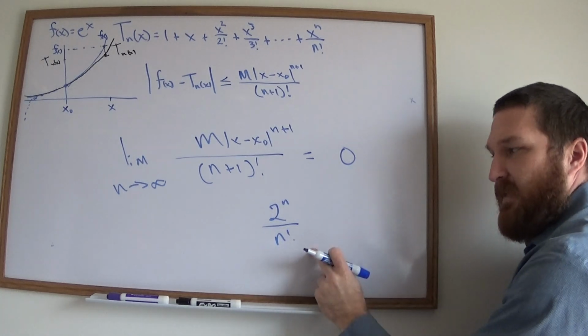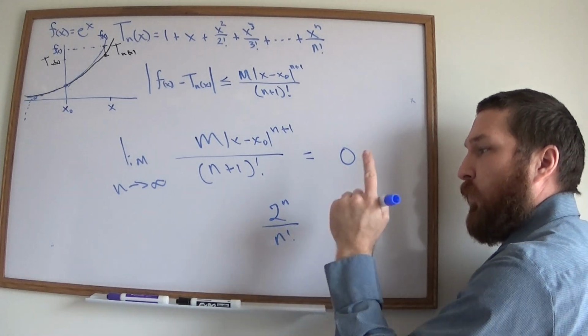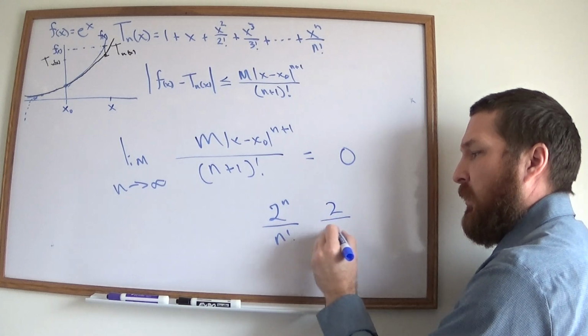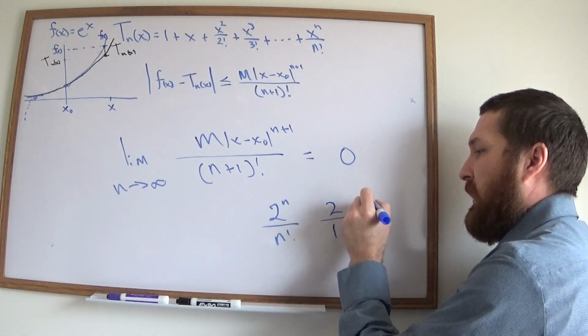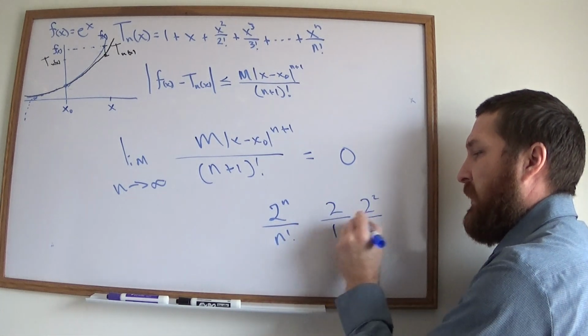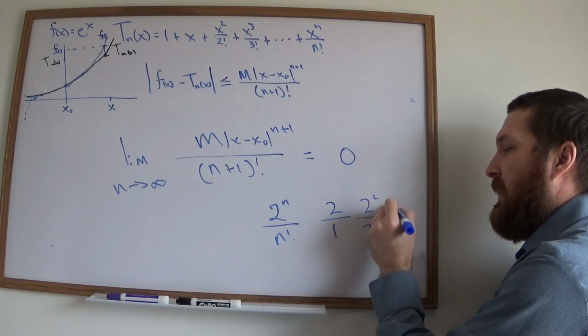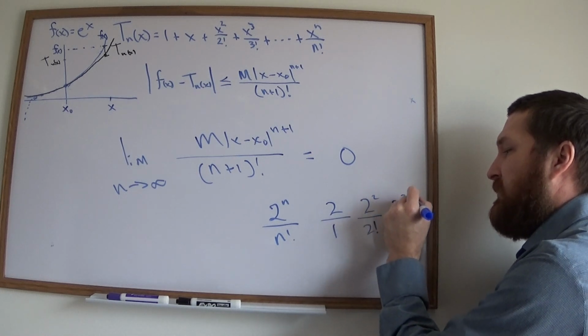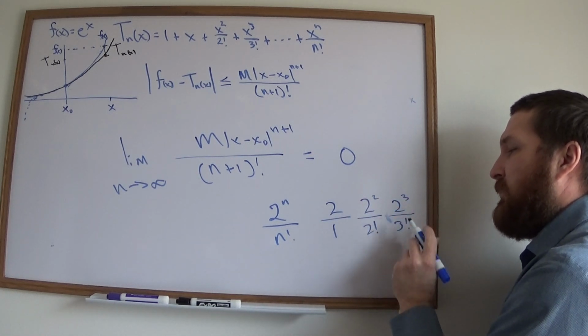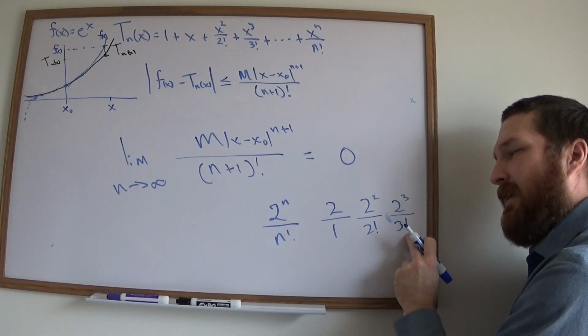And look, this is what I'm saying, right? So when n is 1, you have 2 to the 1 over 1 factorial. When n is 2, you have 2 squared over 2 factorial. When you have 2 to the third, you have 3 factorial. It's still 8 over 6. It's not quite there yet.